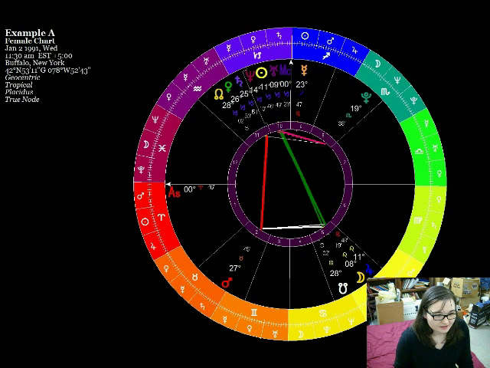It's at 11:30 a.m. Now, the second thing that we should do is ask the person, or yourself if you're doing this for yourself, the exact date of a life event. Now, a life event could be anything from a marriage, or the birth of children, or birth of siblings are also very important. Or you could do graduation, anything that's important to you.